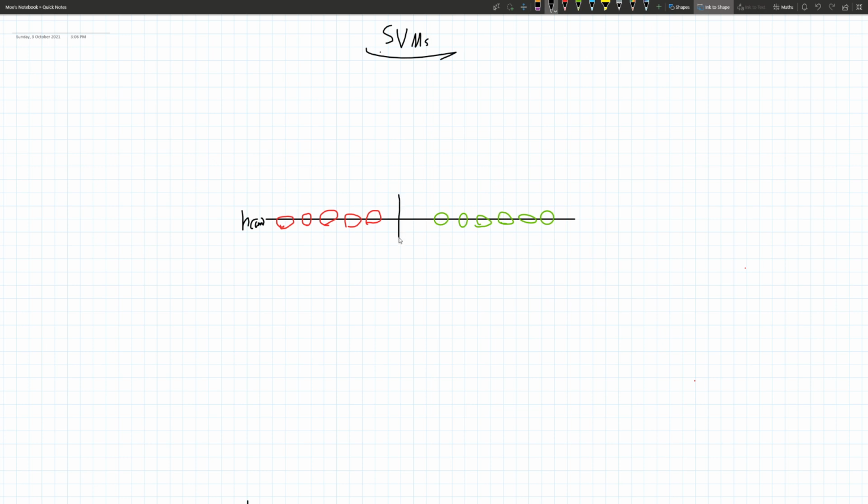Something like this, because if new data comes to the model, we need to categorize it as either not tall or tall. So let's say we pick a threshold randomly, like this one. Is this the optimal threshold? Let's test it. Let's say we have a new data point at this point.